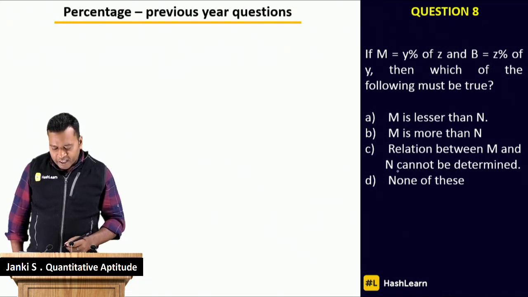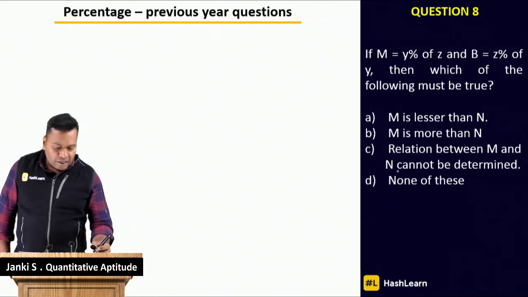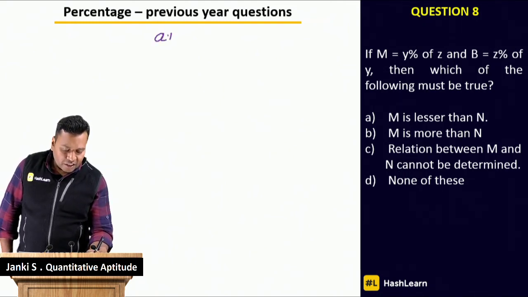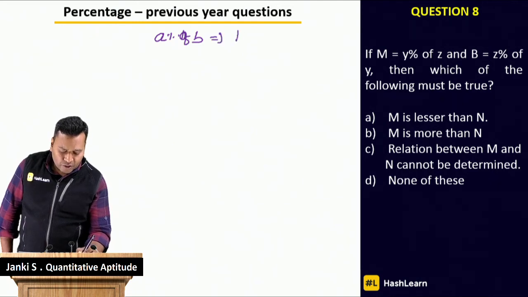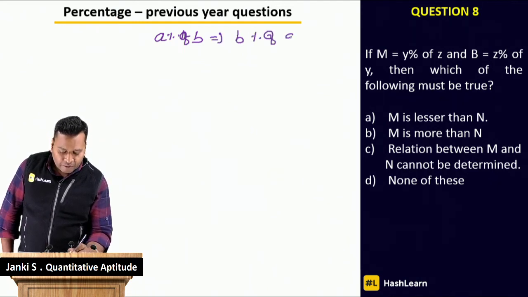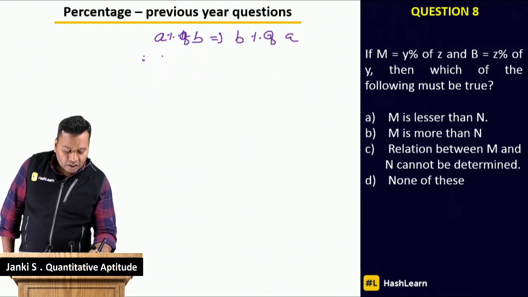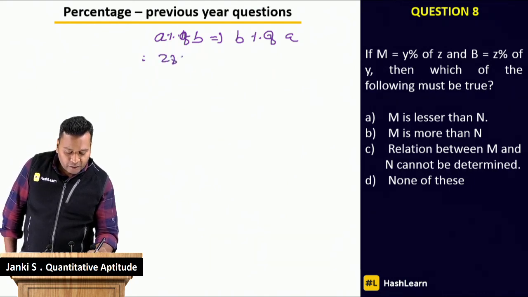Right. Question number 8. Normally if I have a value as a% of b, I can always represent this value as b% of a. Suppose I give the value as 28% of 450.